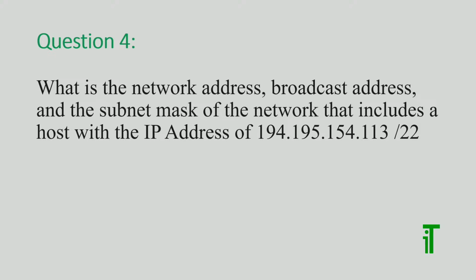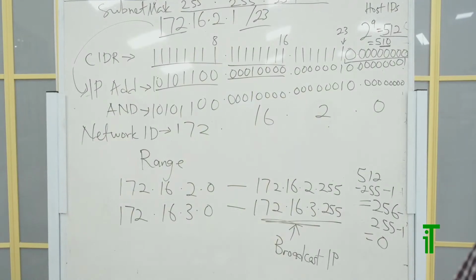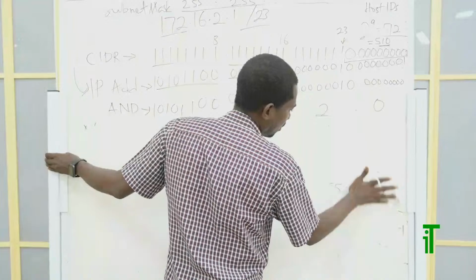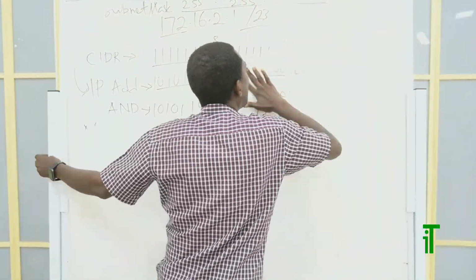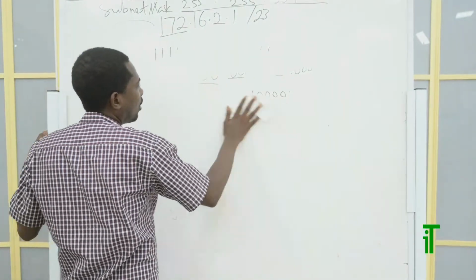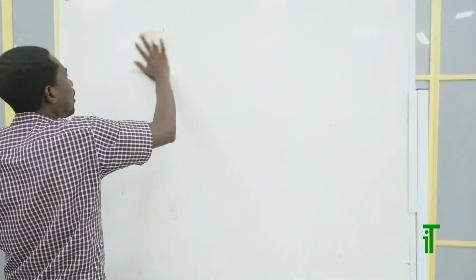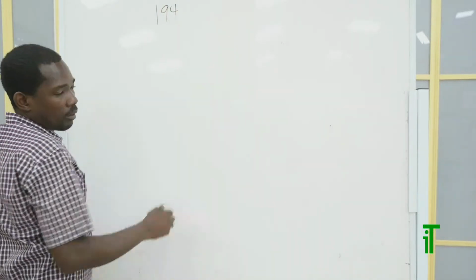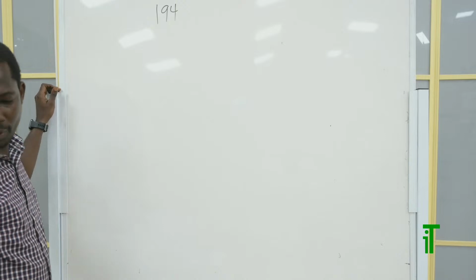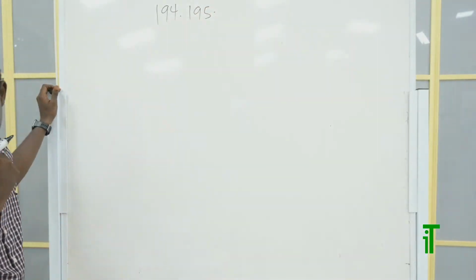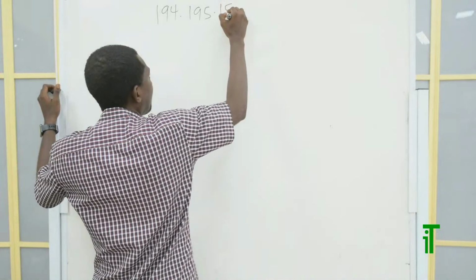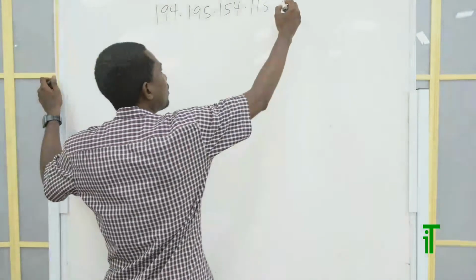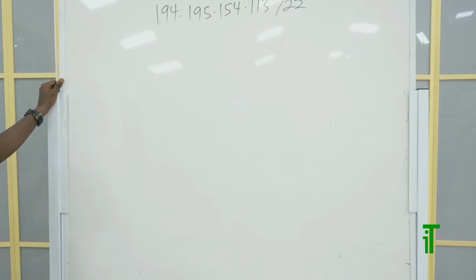Okay, so let's do this. One of the IP addresses on the network is 194.195.154.113/22.